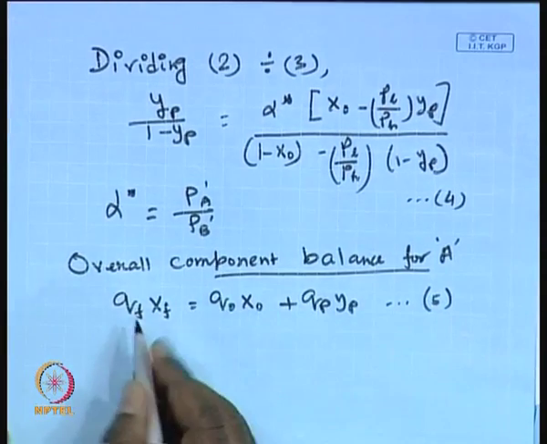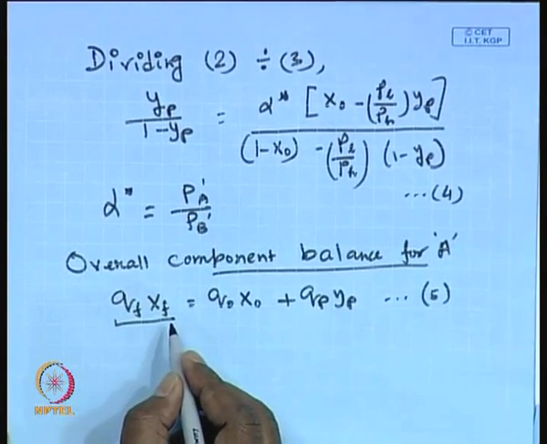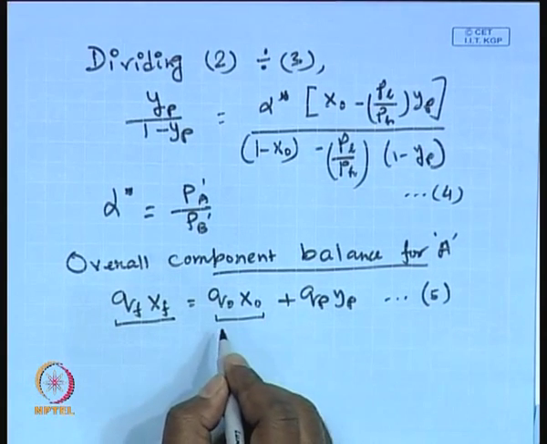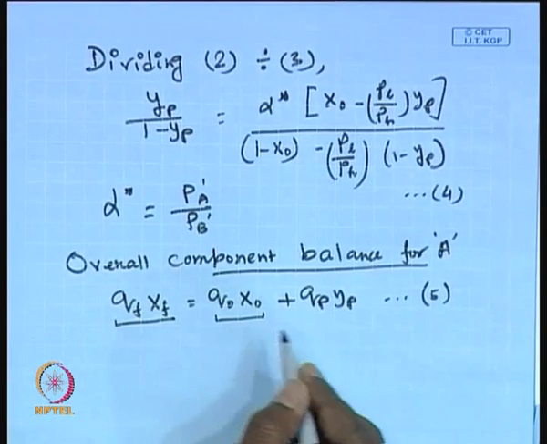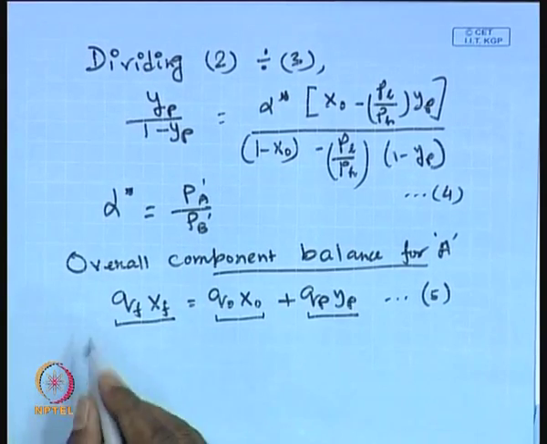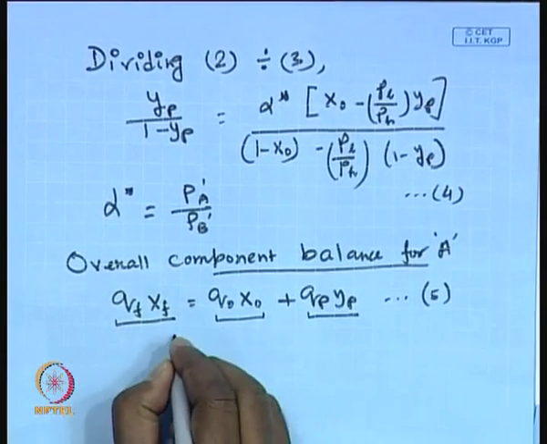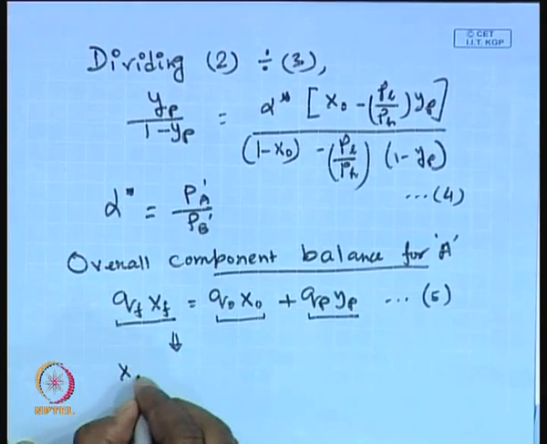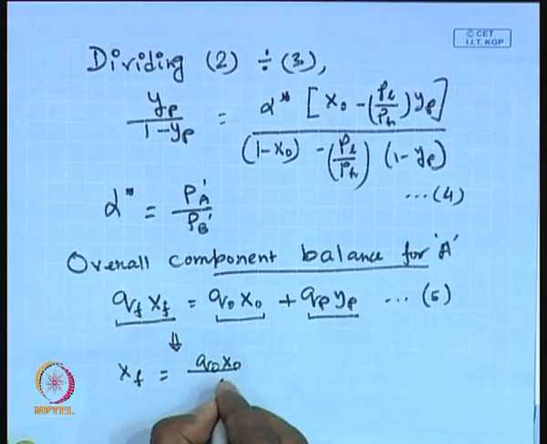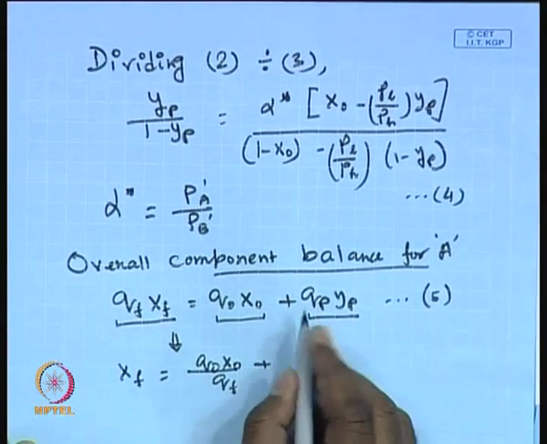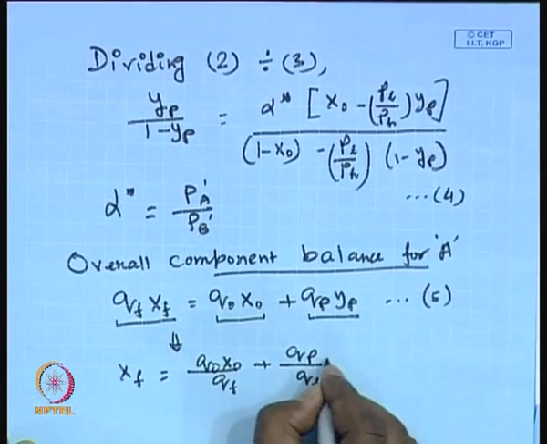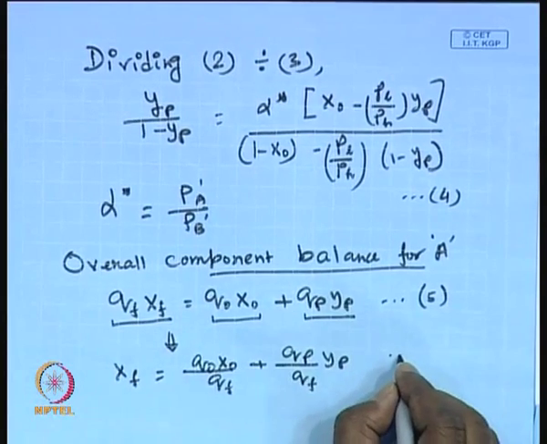Total moles of A that is going into the system per unit time, total moles of A that is going out of the system through the reject stream Q naught x naught, and that is going through the permeate. Okay. So, you can rearrange this equation, and this rearrangement will lead to give you XF is equal to Q naught x naught divided by QF plus QP divided by QF times YP. Okay. This is equation number 6.